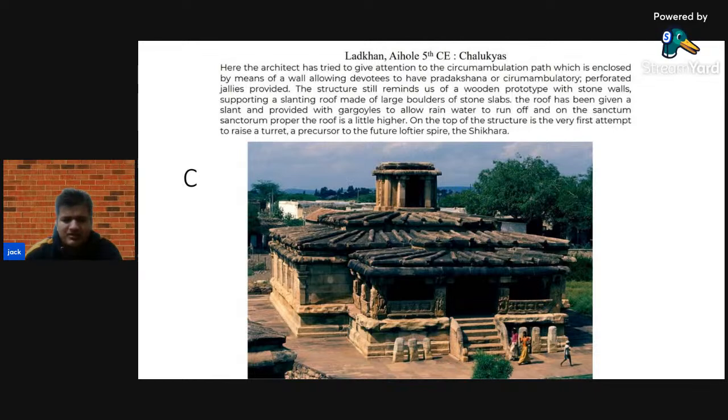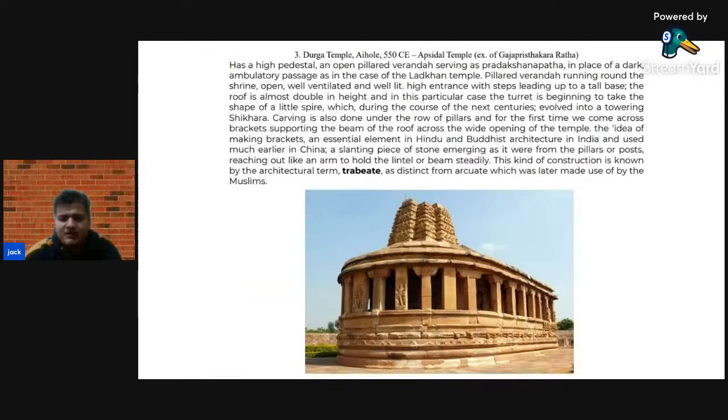So this is why, as we have seen in films in earlier times, mashals, fire lamps, were used to light the inner side of these kinds of structures. So this is the Ladkhan temple, and now we will discuss the Durga temple.